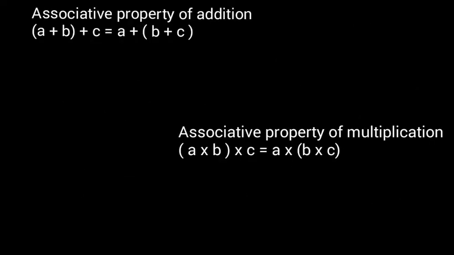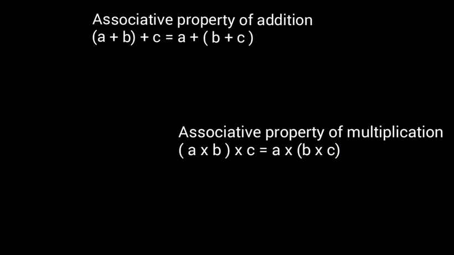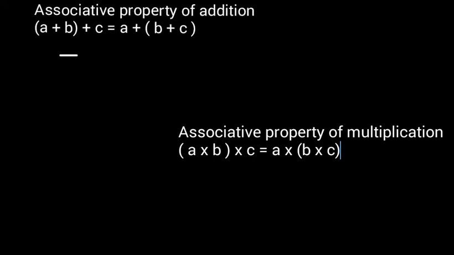Now, there are also associative properties of addition and multiplication. Notice there are 3 things being added together in the top formula. And the only thing that's different from this side to this side is the parentheses are in a different place.